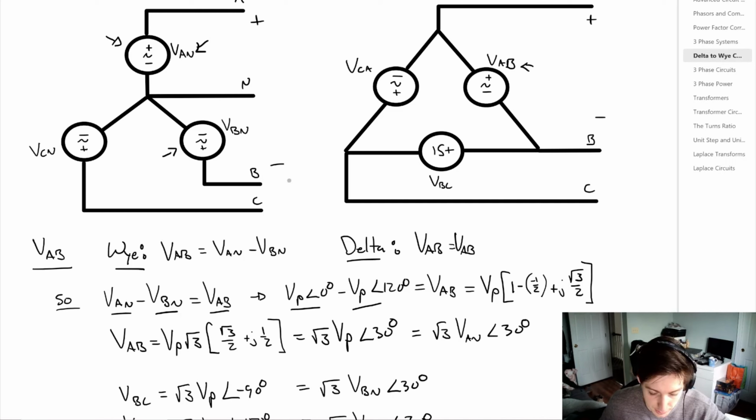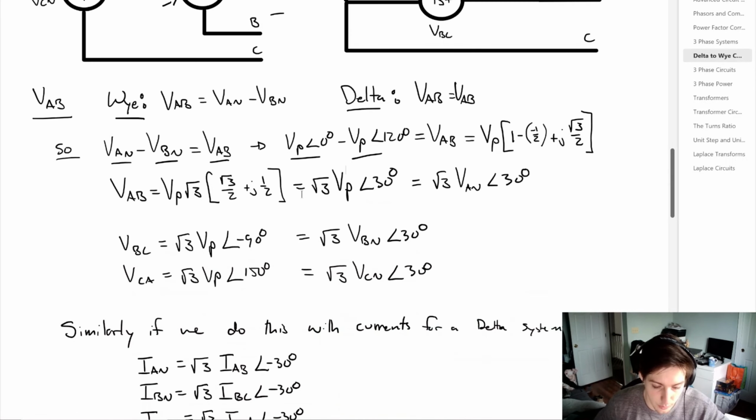So we just plug in those phasors, and after a little bit of math, what we get is that VAB is equal to the square root of 3 times VAN, and then we get this phase angle of 30 degrees. And if we do the same for VBC and VCA, we still get that square root of 3 and that phase of 30 degrees that comes through, but we maintain that VAN, VBN, and VCN for all of these.